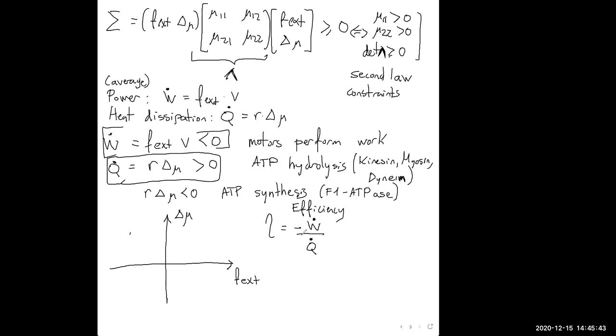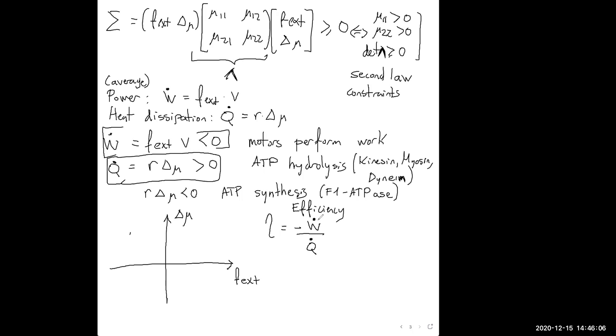Okay. So somehow this gives you an idea that I'm getting an energy input, which is Q dot. This comes from the fuel, from the ATP, and part of it I'm using as work in the system. The rest I'm using to change the configuration of the engine or the machine and so on.